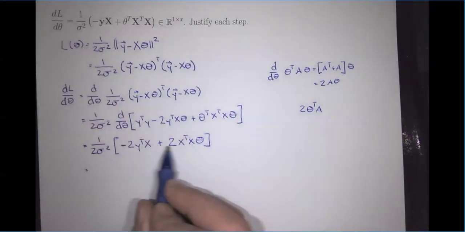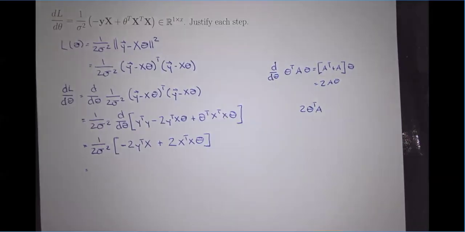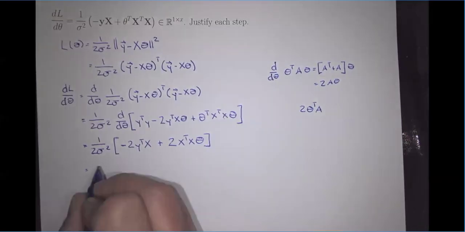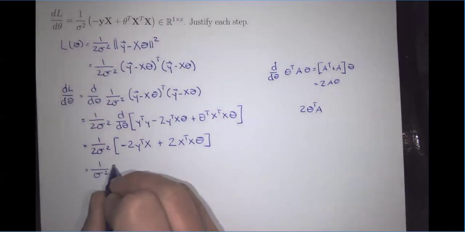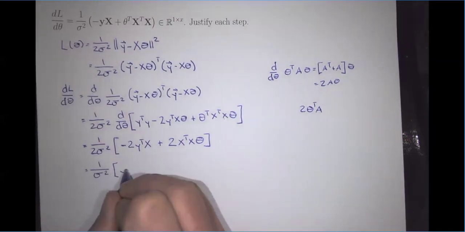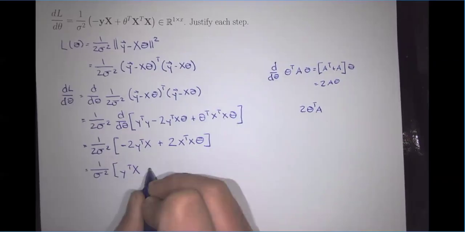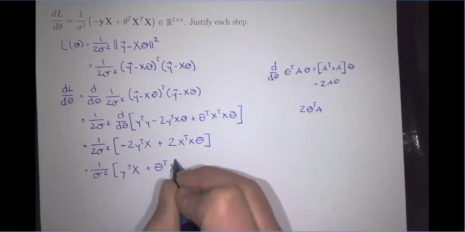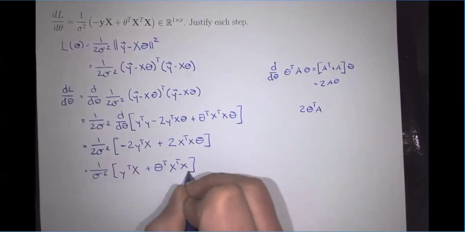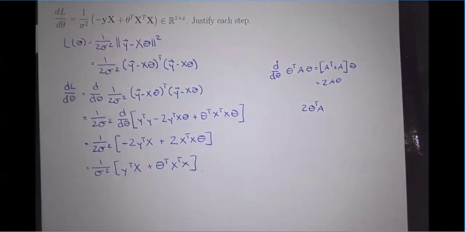I'm going to take these two 2's, cancel with the 2 out in front. So we've got 1 over σ² times (−yᵀx + θᵀxᵀx). And that is exactly the derivative that we wanted to end up with.